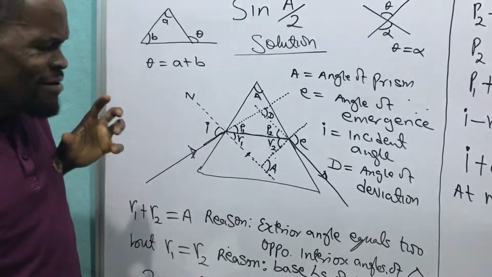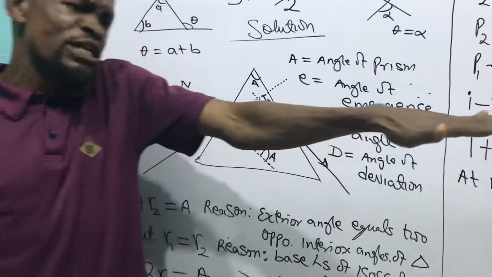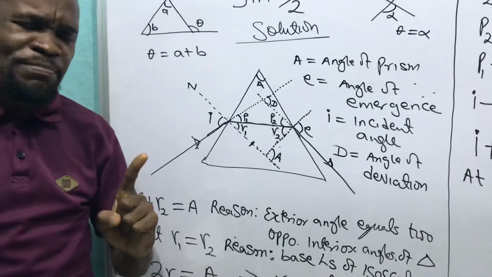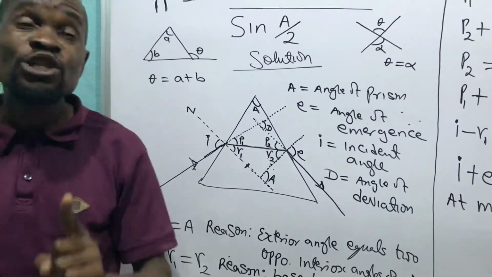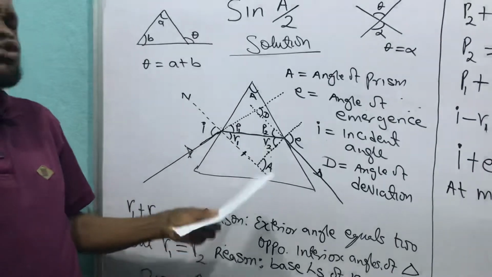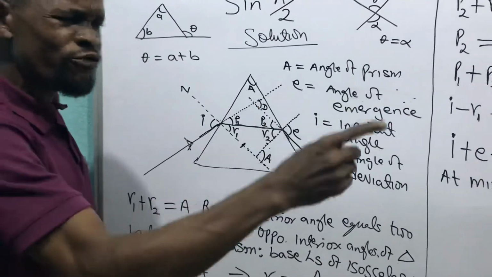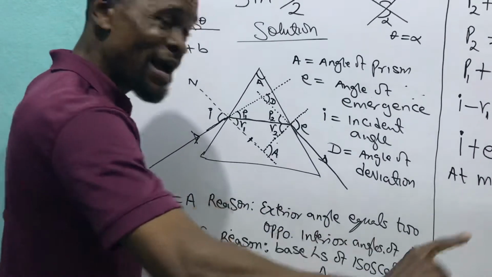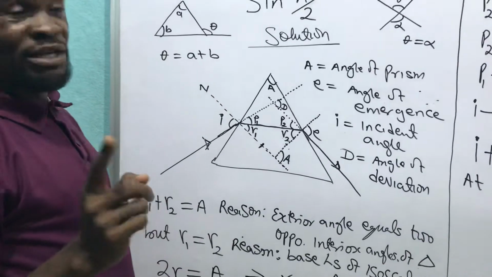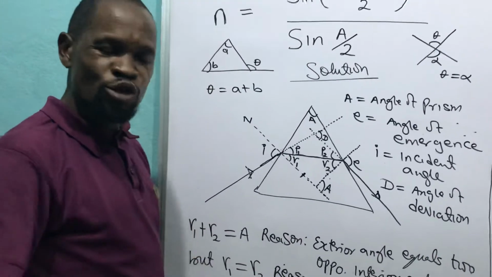If we say the ray of light passes through the triangular prism parallel to the base, it also informs you that minimum deviation has occurred. These two statements inform you that minimum deviation has occurred as the ray passes through the triangular prism. So you note it there. Now this is the condition for minimum deviation to occur.